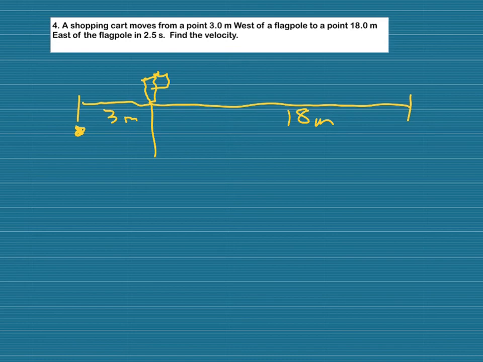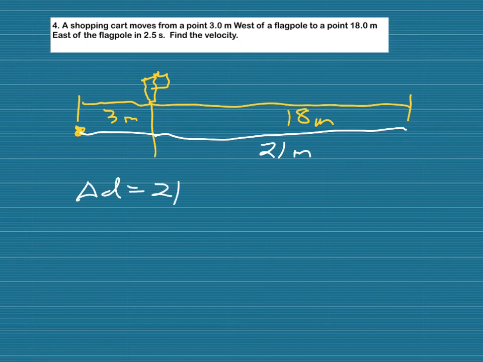We can figure out your displacement. If he starts here, he goes these 3 meters, and he goes all the way these other 18 meters. That would be a total displacement of 21 meters. So my change in displacement is 21 meters.